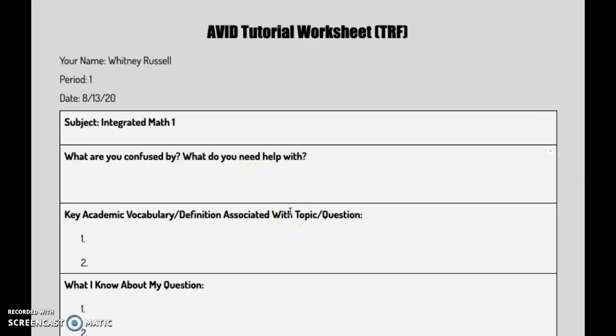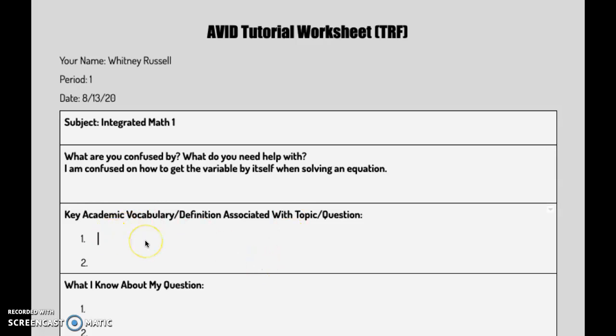So for me, at the start of the year, we're probably working on our algebraic equations. So I might say I am confused on how to get the variable by itself when solving an equation. That's what I'm confused by, and that's why I'm here today.